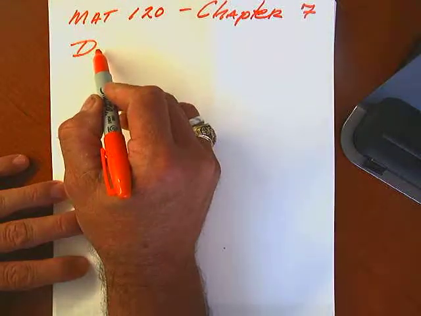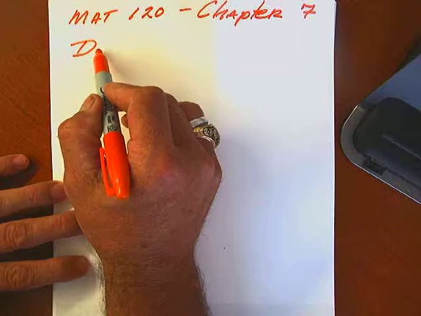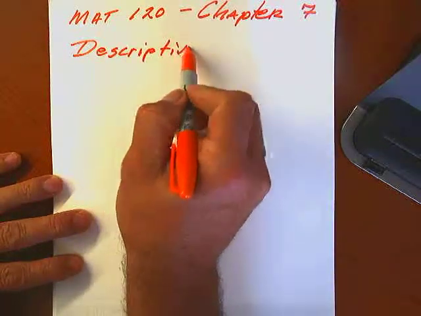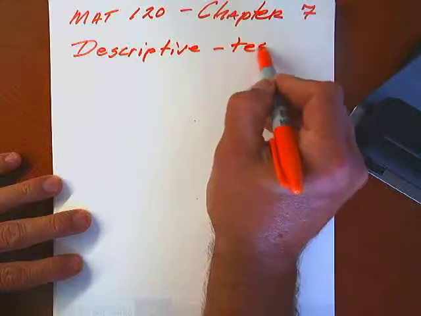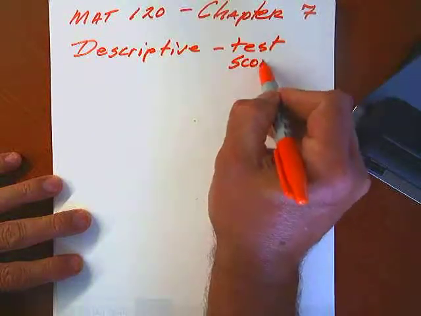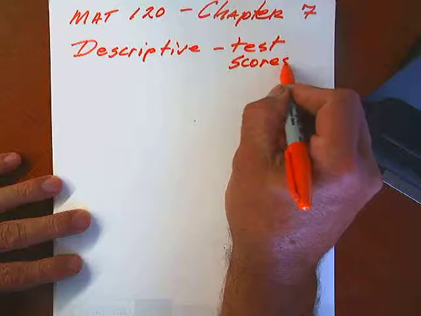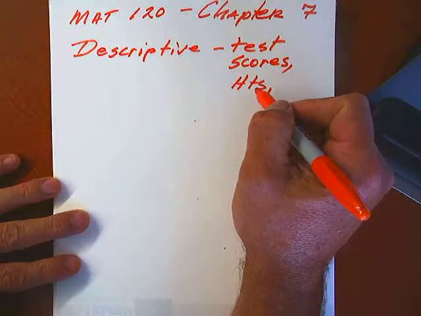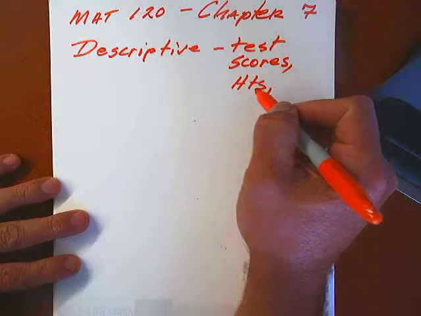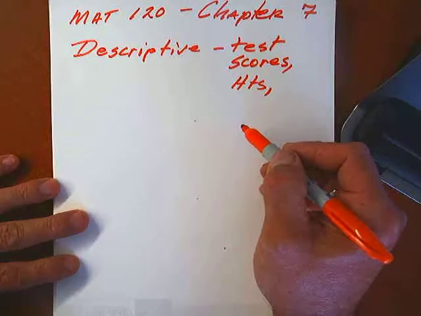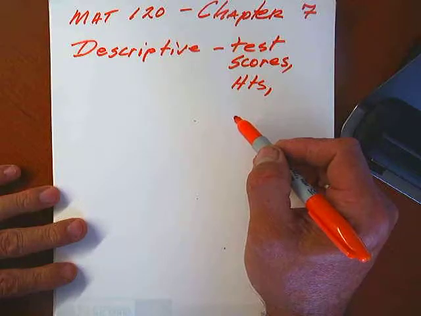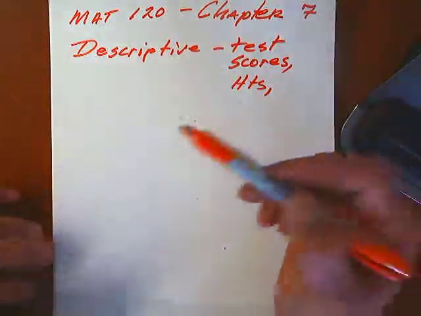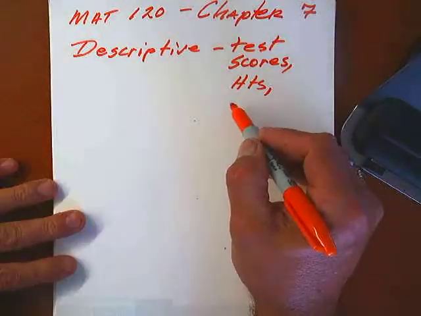Descriptive is basically based on data. Descriptive test scores, heights, the frequency distributions, meaning the tables that we had describing how many people fit in this category, how many people fit in this category.